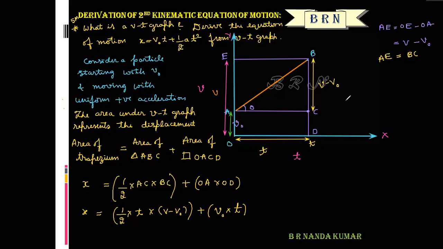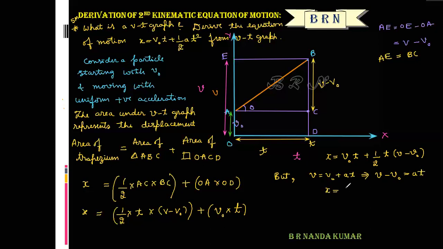So after that, x is equal to V naught T plus half of T into V minus V naught. But from first kinematic equation, V is equal to V naught plus AT. Okay, so what is the value of V minus V naught? V minus V naught, that is equal to AT.